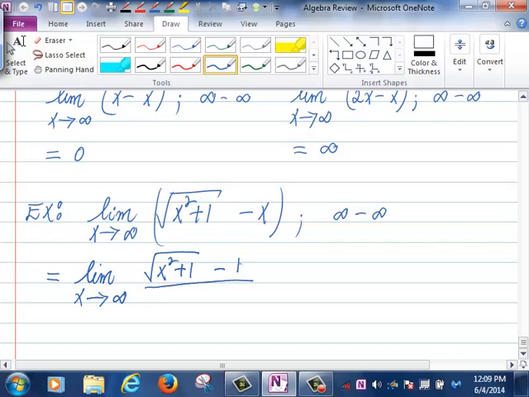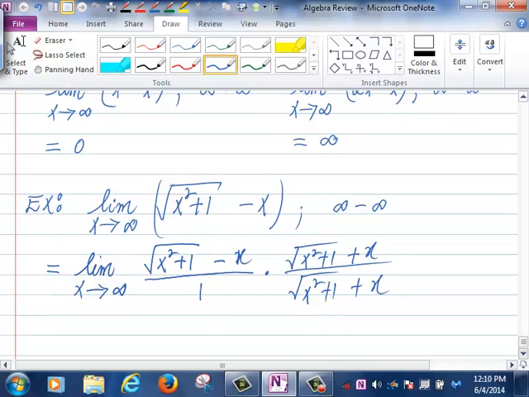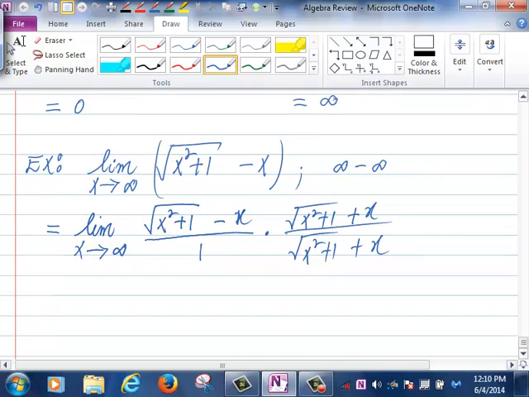In the denominator I have 1, right? I'm going to multiply by what? Plus x, right? Root of x squared plus 1 plus x. Everybody's okay with that?